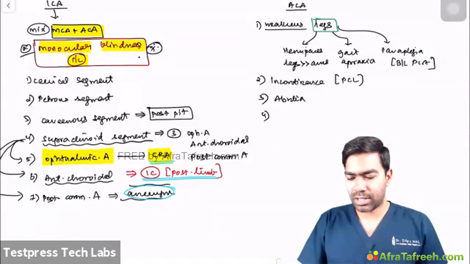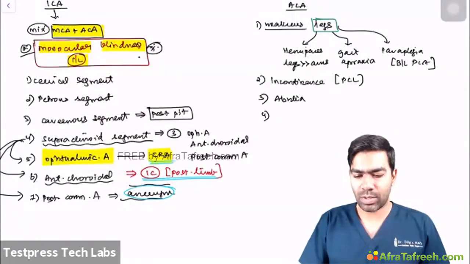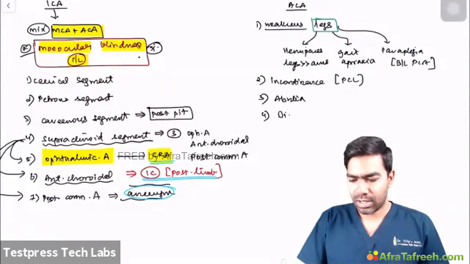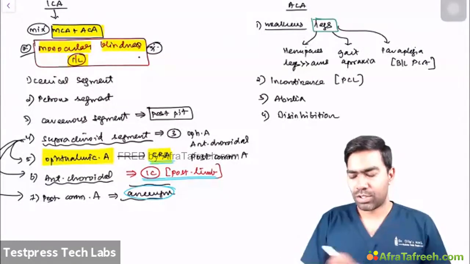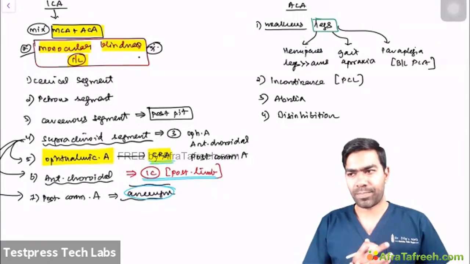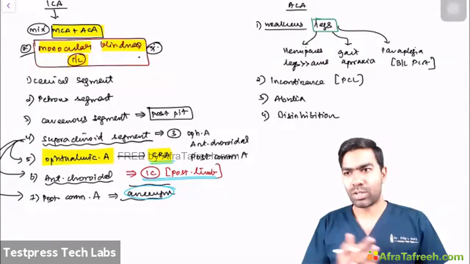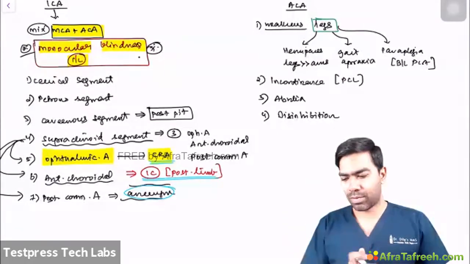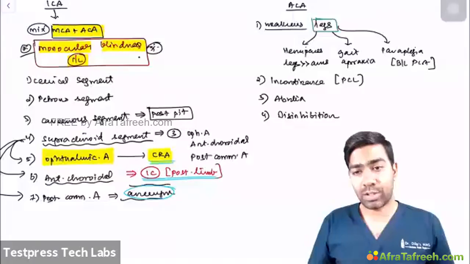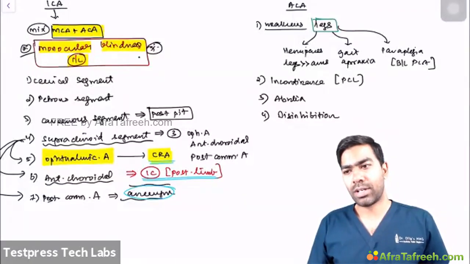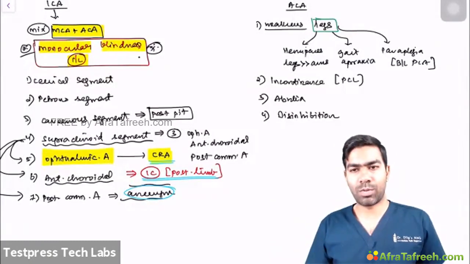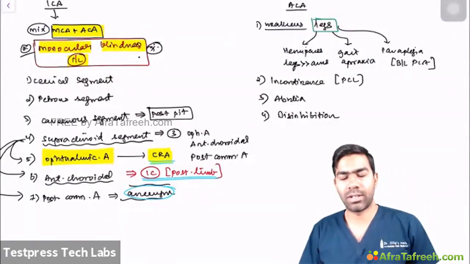And the patient may get symptoms of disinhibition because the prefrontal cortex is the one that makes decisions and makes social judgments. Disinhibition is a disinhibitive behavior, which means you don't want to do something, but still you decide to do it. One of the important areas of interest is the prefrontal cortex. If they ask you the seat of consciousness, you can talk about the reticular formation in the brainstem.